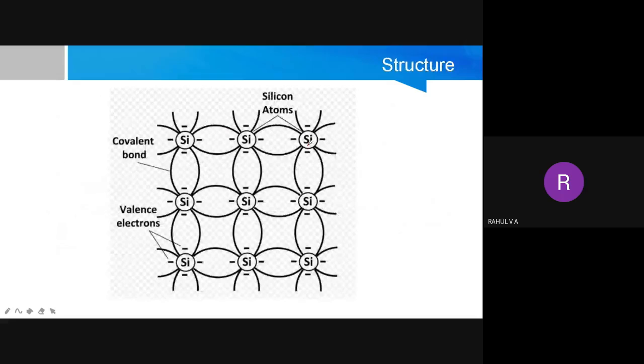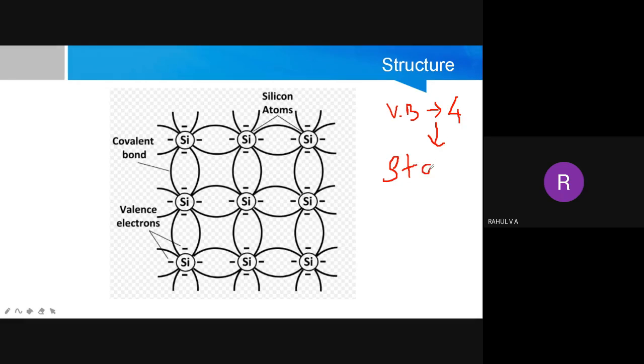This is the structure of one silicon atom. In the case of all semiconductors, the outermost shell has 4 electrons. Each silicon atom wants to be stable.